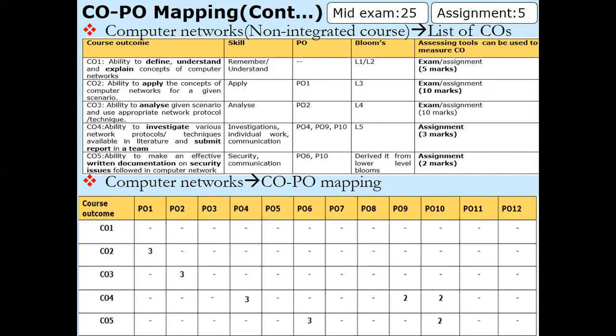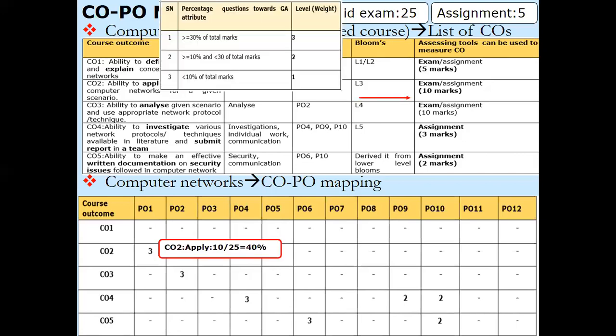So with respect to this particular PO, how many marks have I allocated? 10. So 10 divided by 25 is 40%, more than 30%. So the mapping strength should be 3.